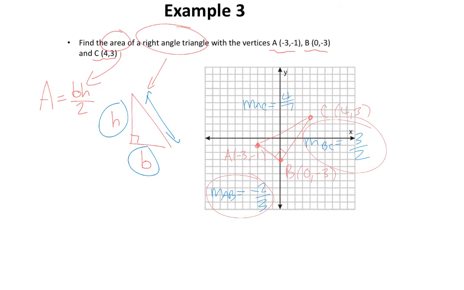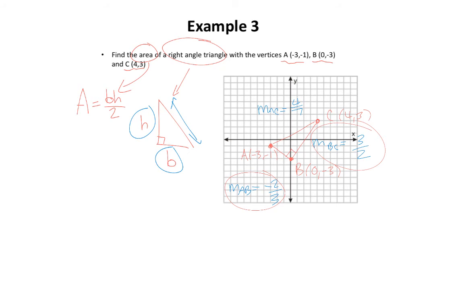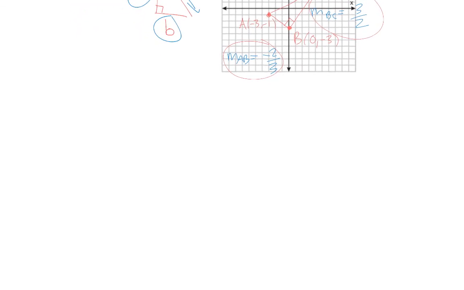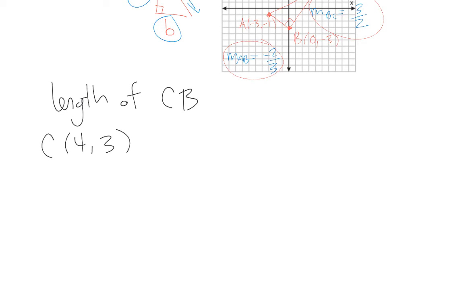Again, I'm not going to show you all the steps for figuring out the lengths of AB and CB, but I'm going to set it up so that you know what the general strategy is. So let's write that over here on the side. I'm going to write length of CB. So go ahead and write those coordinates in to help yourself out. C is 4 and 3, and B is 0 and -3.